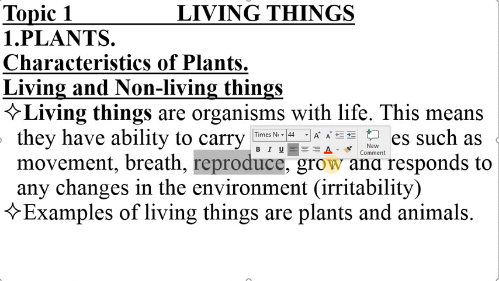I am sure in grade 1 you are not the same size as you are now. That means you have grown. Your cells in the body have multiplied and you have become bigger in size. So you are growing. That is another very important thing when we look at living things.